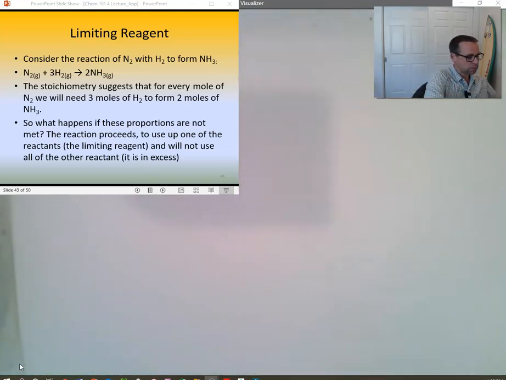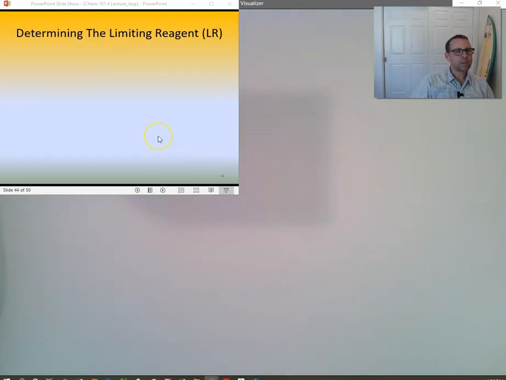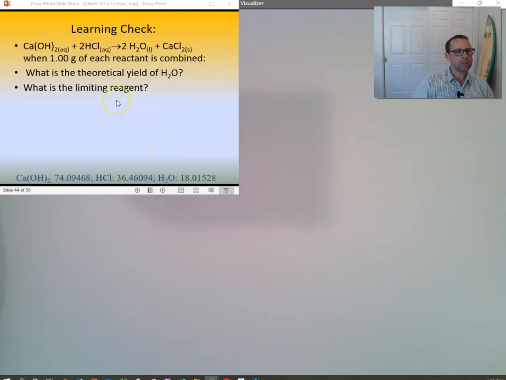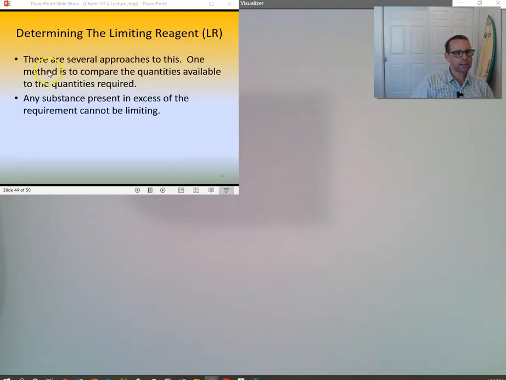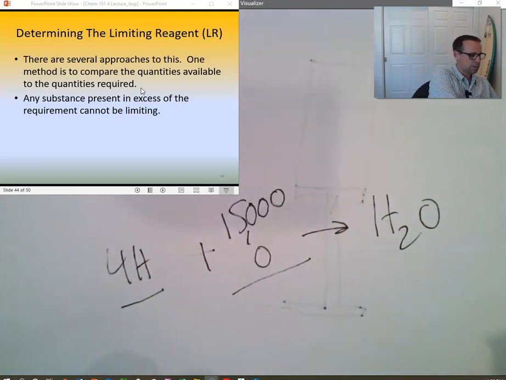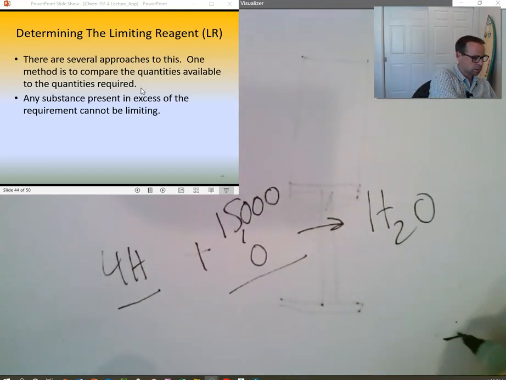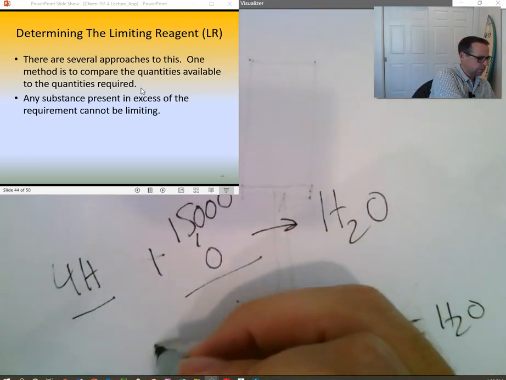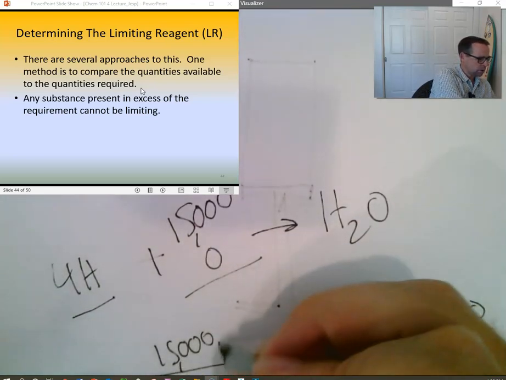Okay, so looking at some problems, this is kind of an idea of how we find the limiting reagent, and we mentioned this last time. What you can do is set up answers for questions like: how many waters can I make if I have 15,000 oxygens?